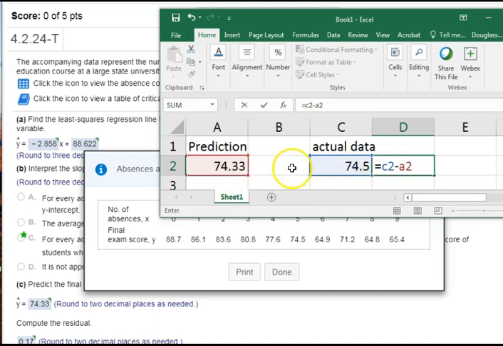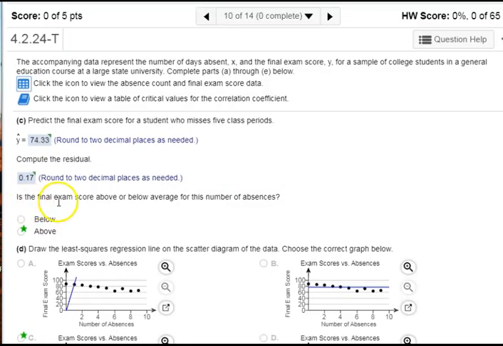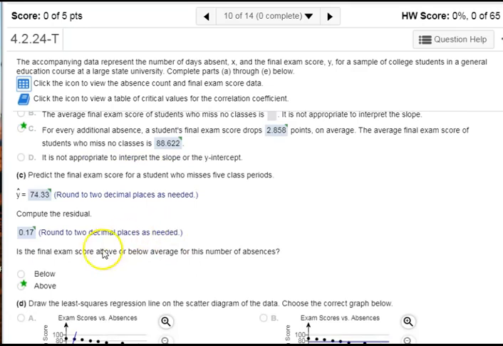So just subtraction there, and we come out with a 0.17 difference. Is that final exam score above or below the prediction for 5 absences? You can tell because it's positive that it's above the prediction.